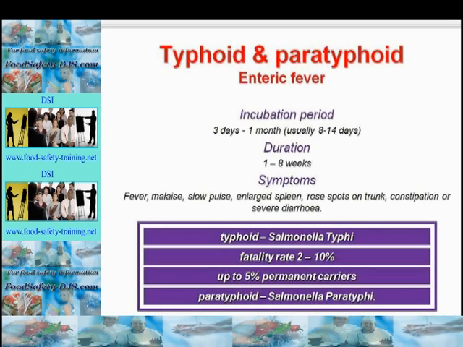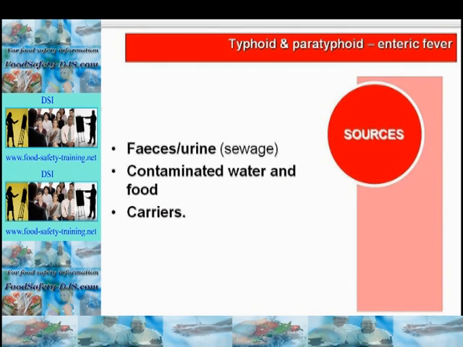Other characteristics include it's present in feces and urine. Transmission, again as with most foodborne diseases, is via the fecal-oral route. Sources of this bacteria include feces and urine, also sewage, contaminated water and food, and from carriers.